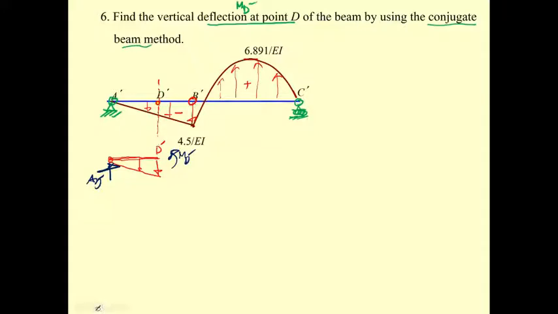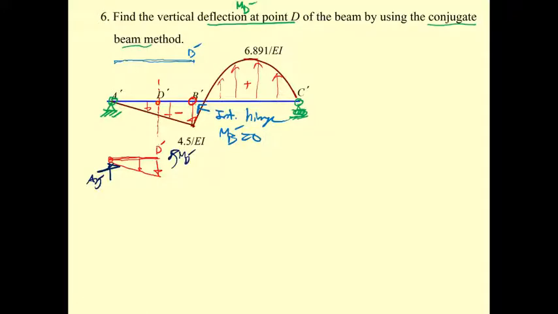That means you have to consider this portion of the beam. This is the internal hinge. What is an internal hinge? The moment M sub B prime is 0. If the moment M sub B prime is 0, you just consider this part on the B prime side.